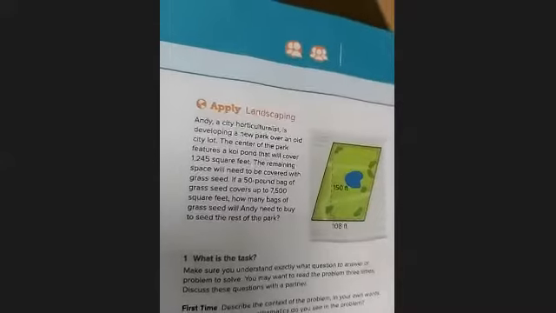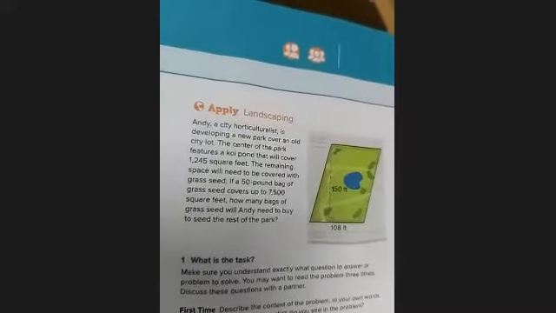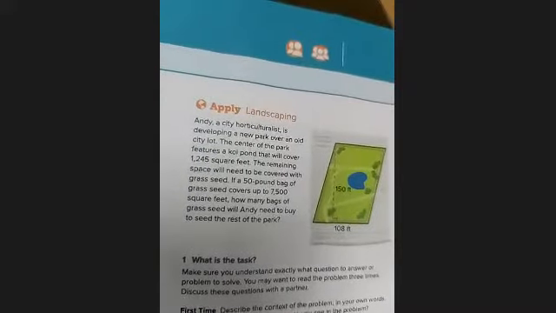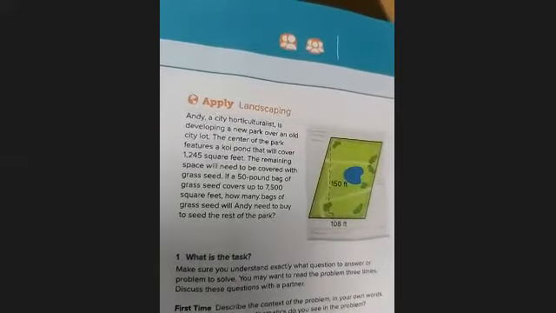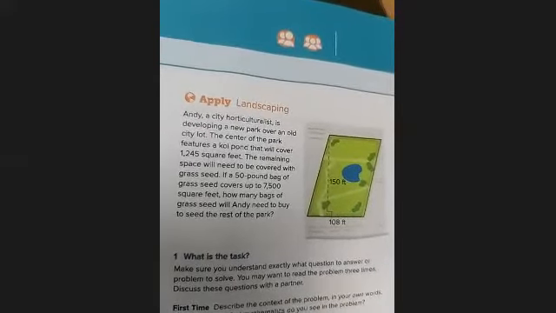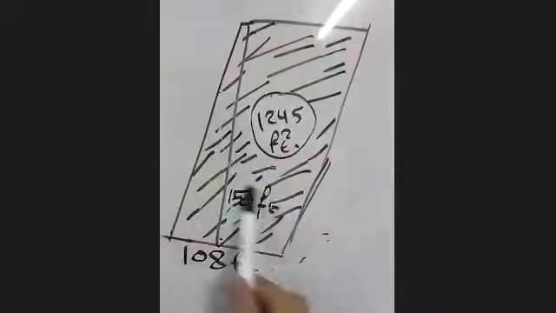So here, guys, each bag of grass has 50 pounds. Each 50-pound bag covers up to 7,500 square feet. We need to know how many bags of grass seed we need to cover this area.